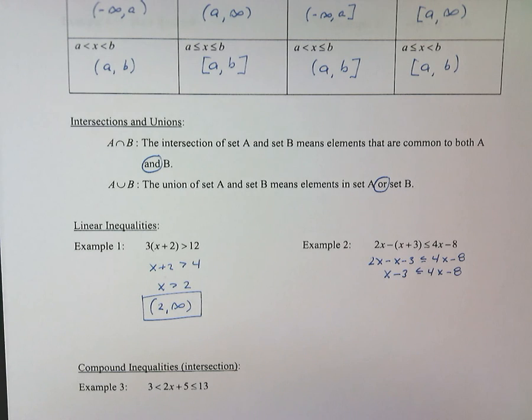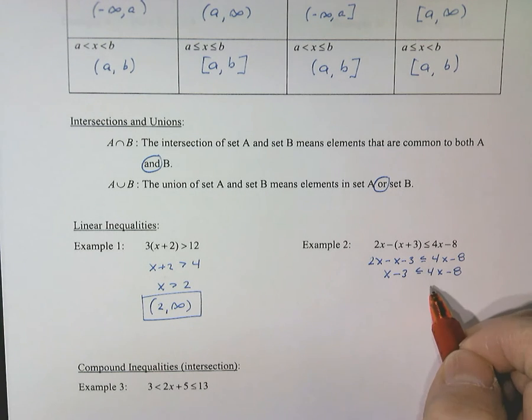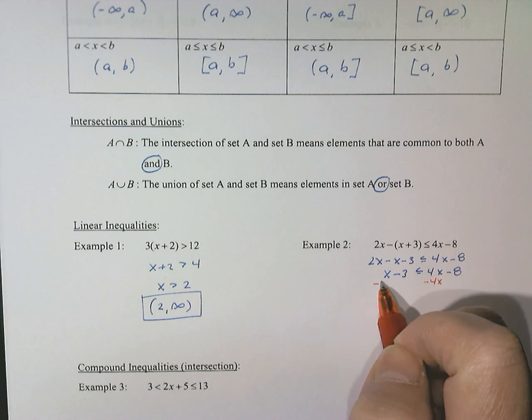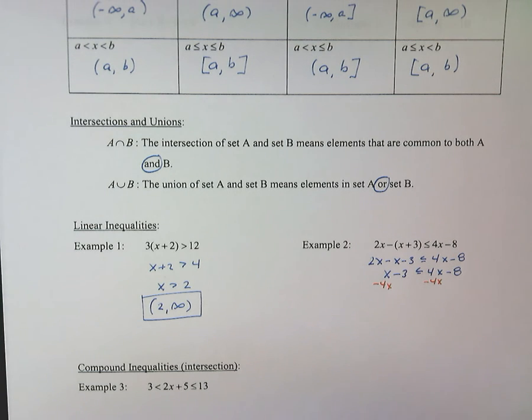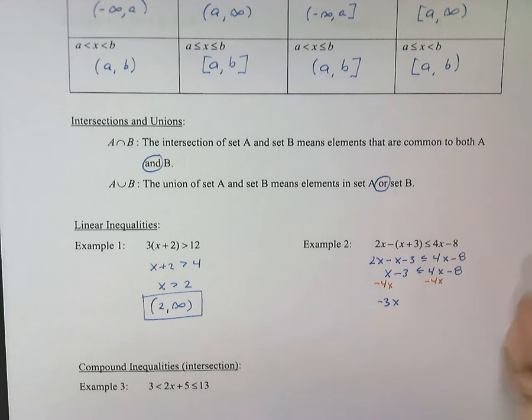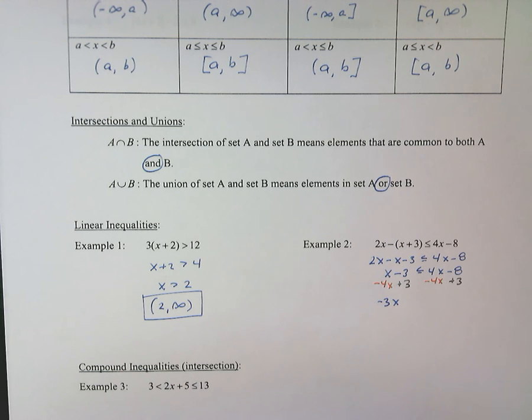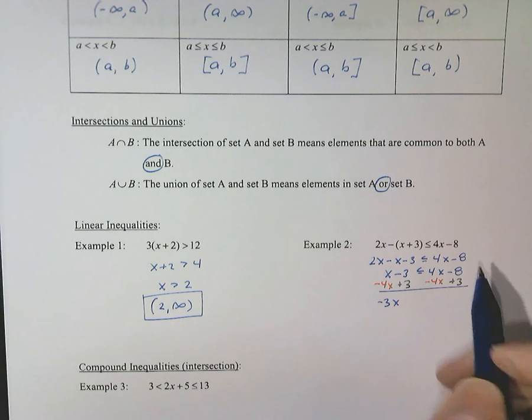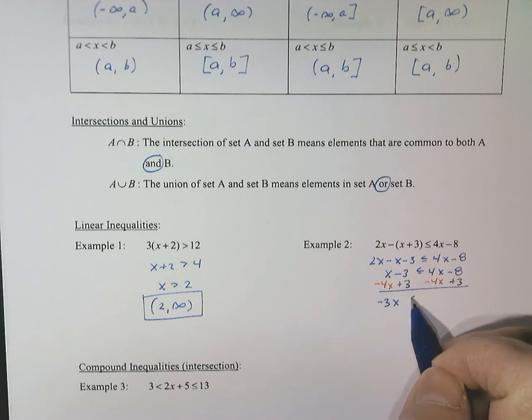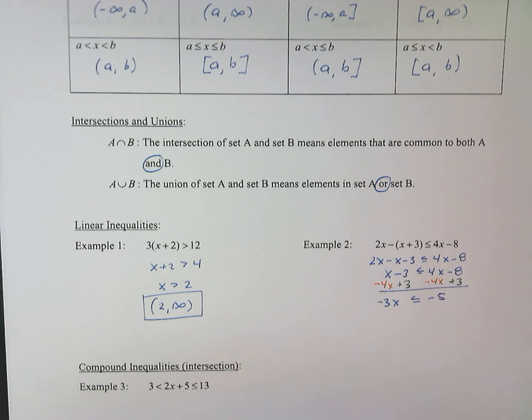And then there's different ways that you can do this. I'm going to go ahead and subtract 4x from both sides. So I get negative 3x. And I'm going to add 3 to both sides. So I get negative 3x is less than or equal to negative 5.